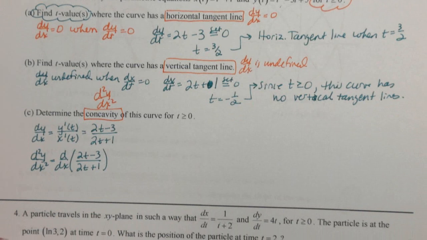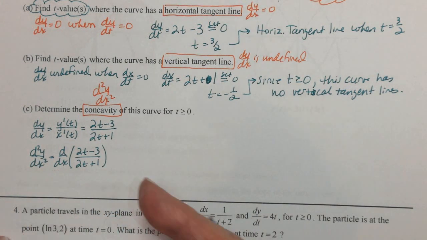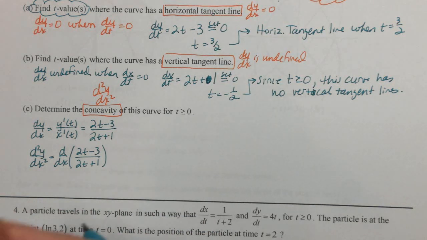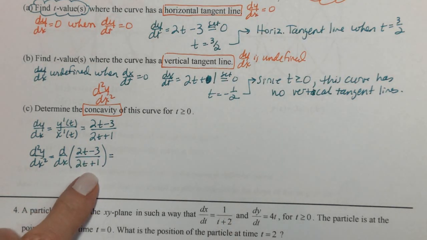So again, we're finding the derivative of this with respect to x. So first we're going to take the derivative with respect to t, then we'll multiply by dt/dx. So with respect to t, I need to use the quotient rule.